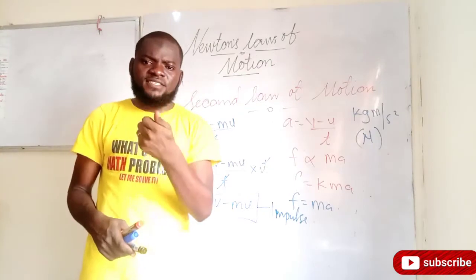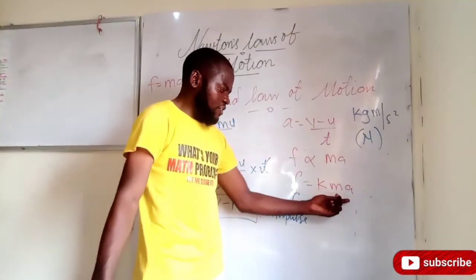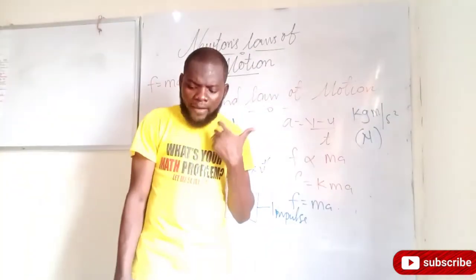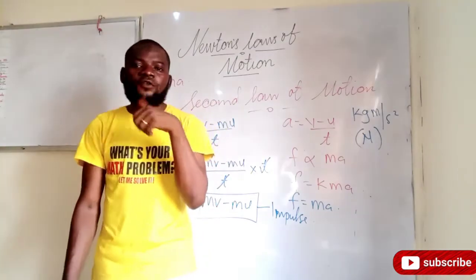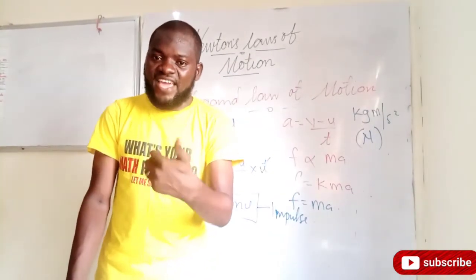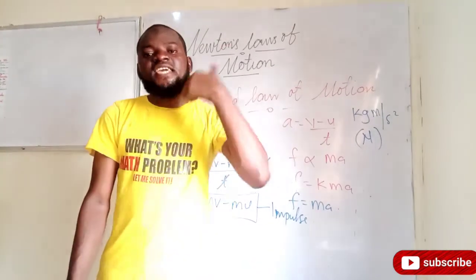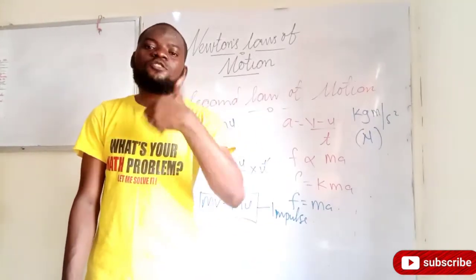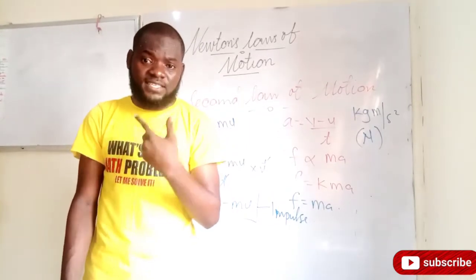And I would like you to understand something in physics. When you take an assumption in order to achieve your aim, my brother, my sister, watching me right now, it shows that that law cannot actually be proven. The question now is, if the law cannot be proven, do we agree with the law? Yes, we agree with it. And why do we agree that it's correct?